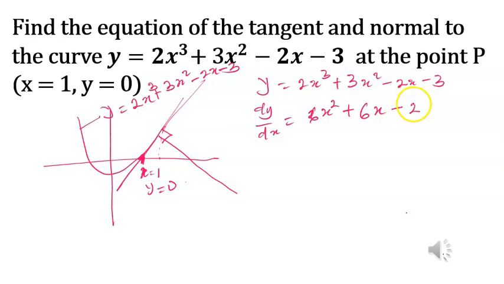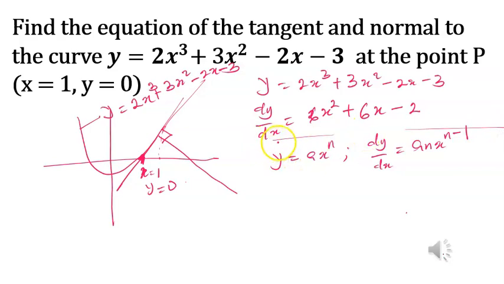Minus 2. Now my 3 becomes 0. Remember that we said in finding the derivative of a line, if y equals ax raised to power n, then the derivative will be given as dy/dx equals anx raised to power n minus 1. This is what we have applied here.